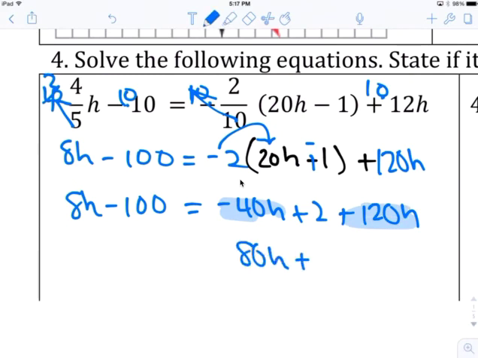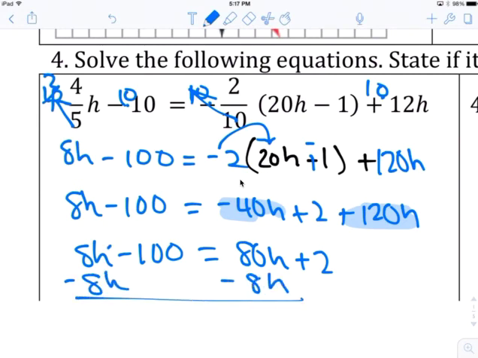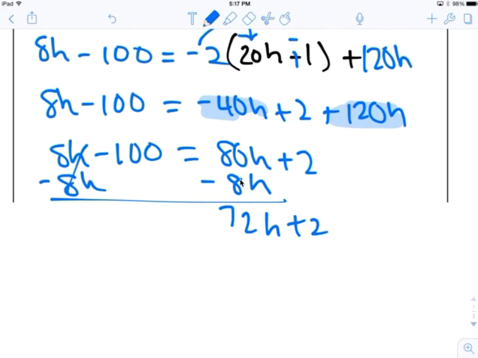80h plus 2 equals 8h minus 100. Minus 8h, you get 72h plus 2 equals -100.